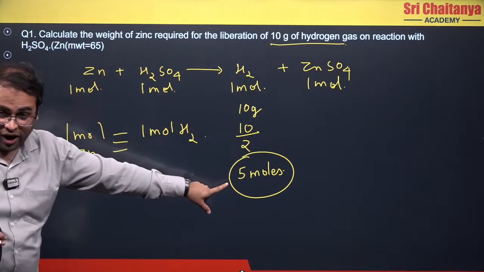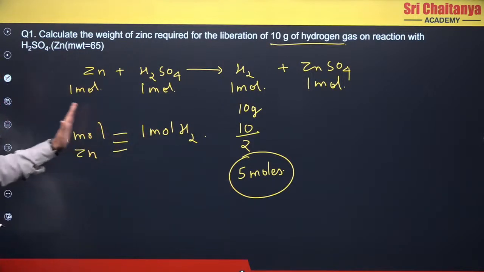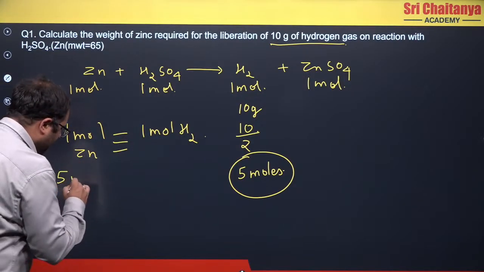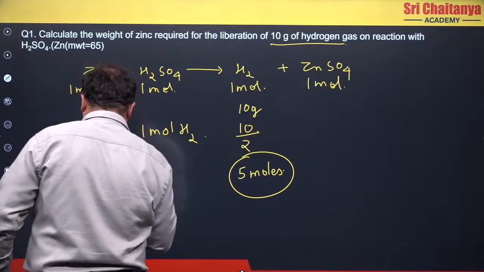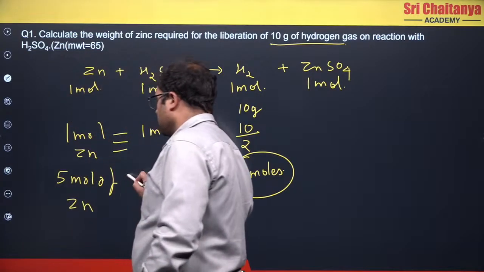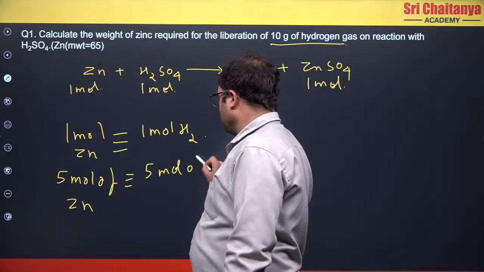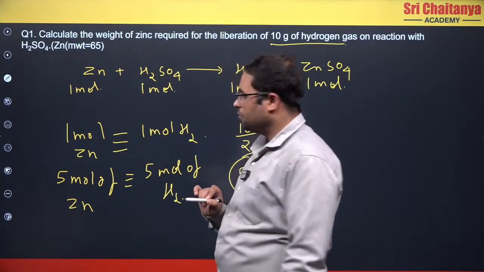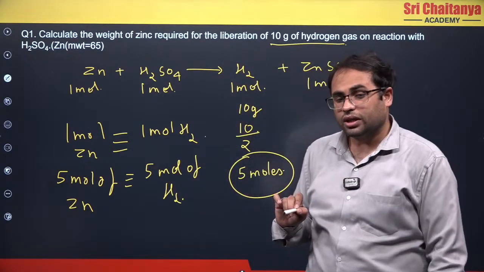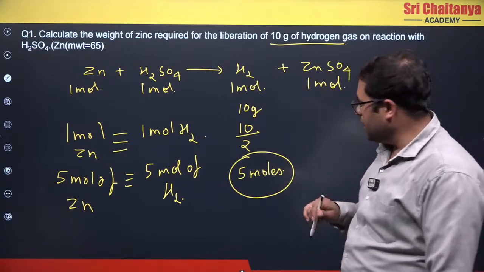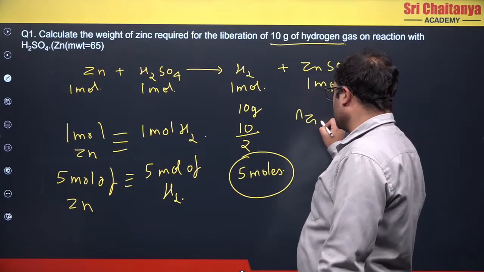But if 5 moles of hydrogen is liberated, then if you multiply both sides by 5, it is liberated from 5 moles of zinc. So now you have the moles of zinc used.